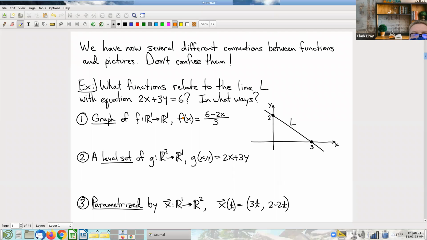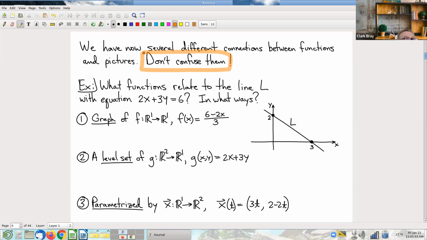We now have several different kinds of constructions, you might call them, several different ways to take a function and make a picture. We've got graphs, level sets, and don't forget parameterizations is another connection between functions and pictures. I claim it's very important not to confuse them, because knowing what function you're dealing with is easily understood to be important.